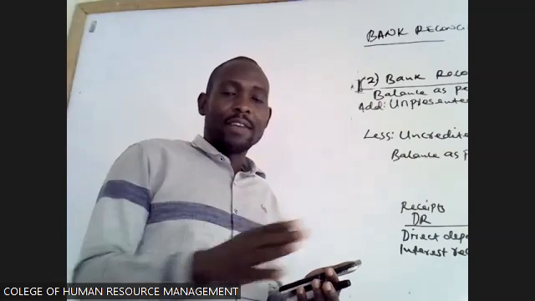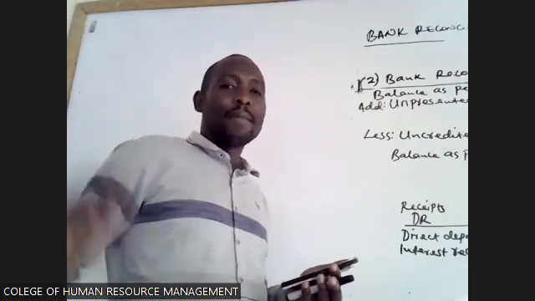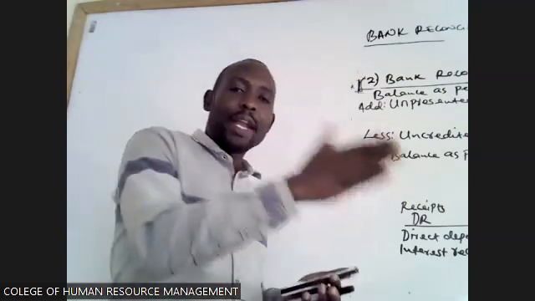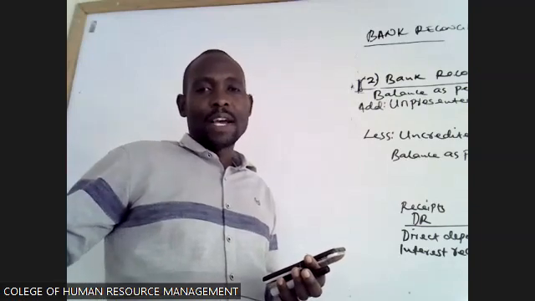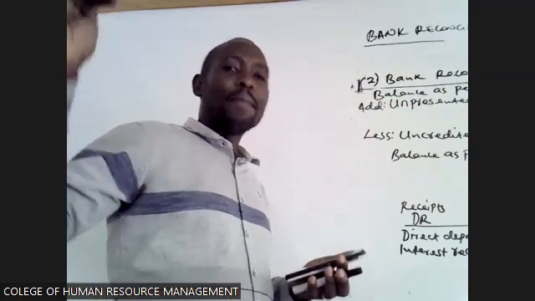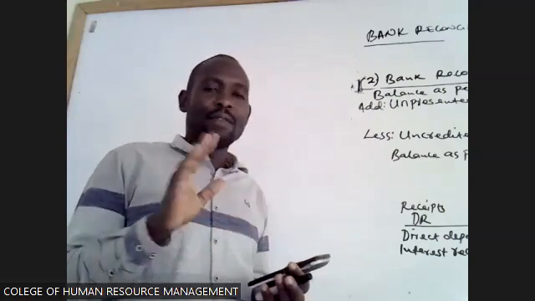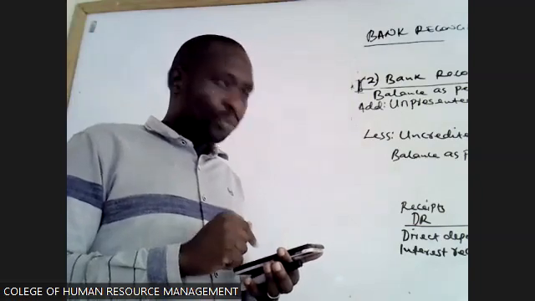Don't ever forget that. Debit in the cash book goes with the credit in the bank statement. Credit in the cash book goes with the debit in the bank statement. The payment in the cash book, we credit, but the payment in the bank statement, they debit. Don't ever forget that. Very important for you.